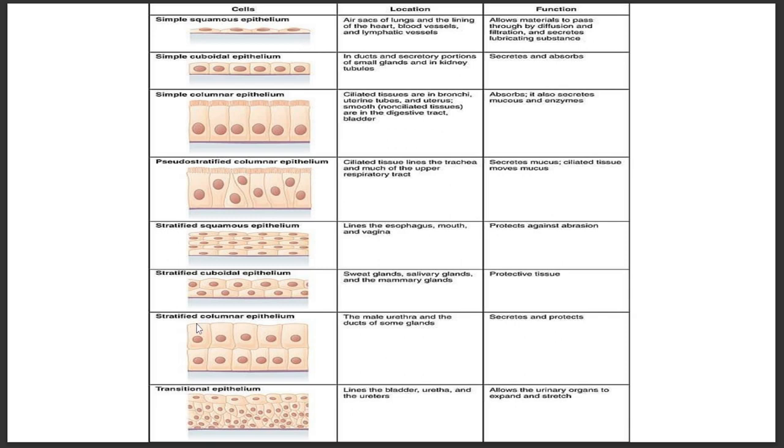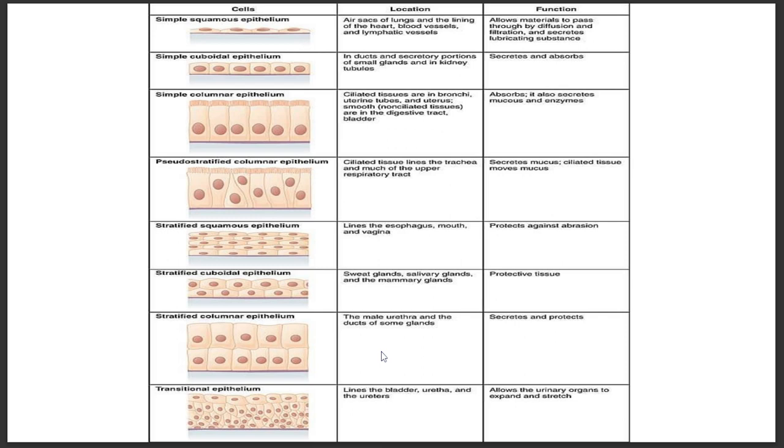You have the stratified columnar. The stratified columnar, of course, is much thicker. So this one is there for secretion and protection. We are going to find it in the male urethra and also the ducts of some glands. Imagine the male urethra had a very simple epithelium, like a simple squamous, and then you have urine passing at a very fast rate, and also sperm.